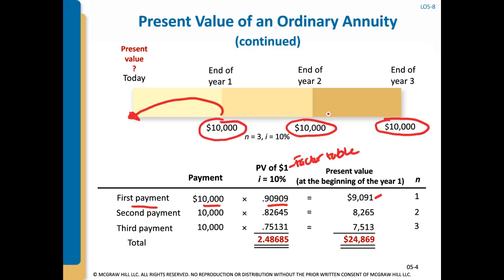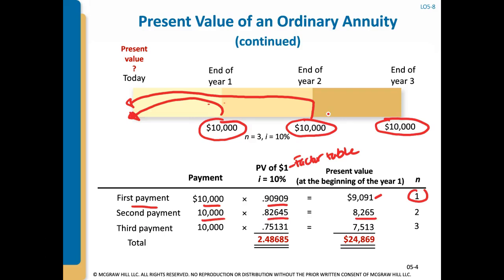That tells us if I invest $9,091 and earn 10%, a year from now I will have $10,000. So my N equals 1, my number of periods. Then I can calculate the present value of $1 for the second payment of $10,000, and that's going to go over 2 periods, this first year and the second year. So here's my $10,000, here's my factor.